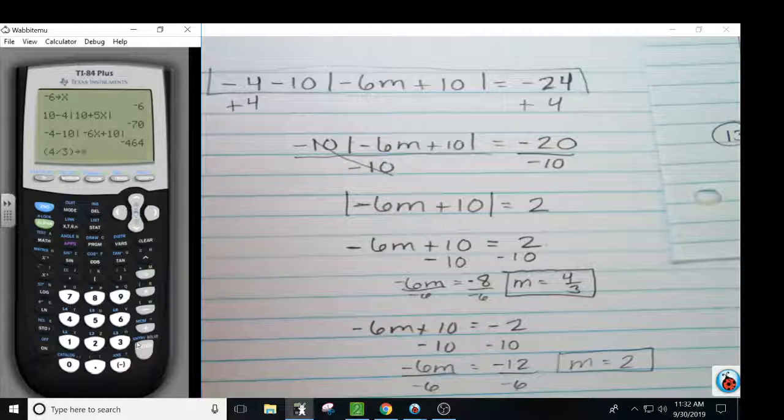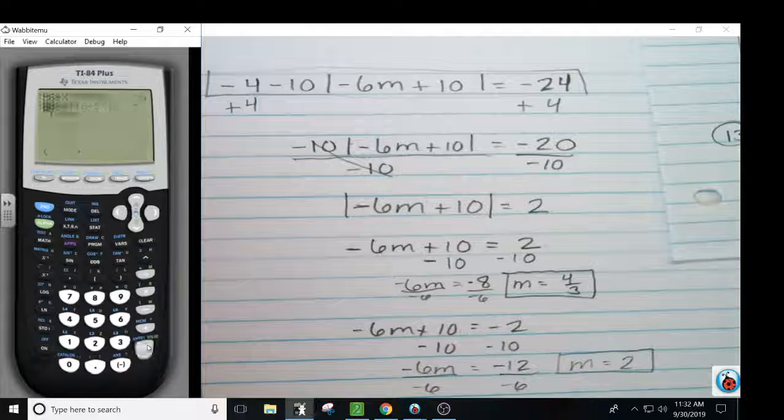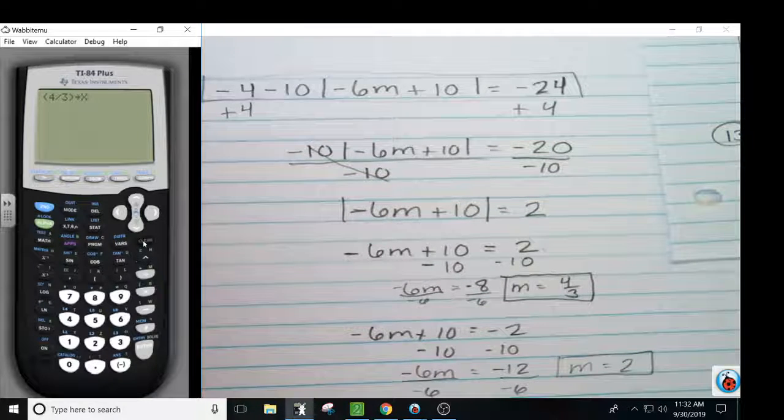Now, don't forget to press enter. Oh, I know what it is. You got to hit stored as X. My fault. So here we go. Do it again. 4/3 stored as X, and then press enter.